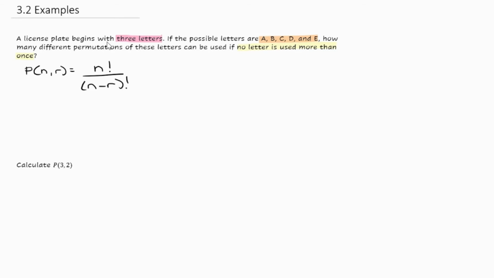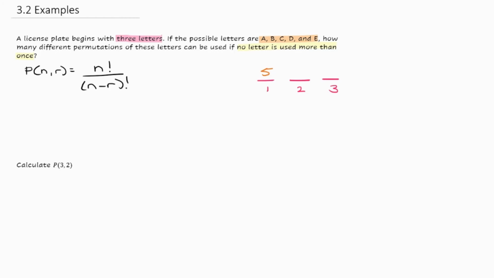So in this case here, for my number plate, I know that I have 3 letters to use, and I know that there is a potential of 5 different letters. So in my first spot, if I was making my license plate, I can put 5 different letters in this first spot here without repeating any of them.